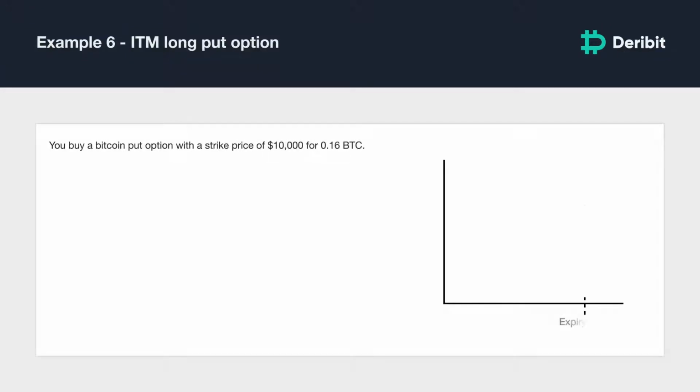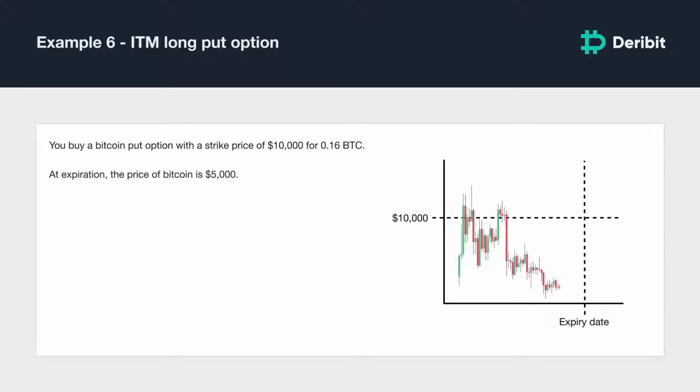You buy a Bitcoin put option with a strike price of $10,000 and you pay a price of 0.16 BTC. You hold this option until it expires. At expiration, the Bitcoin price is $5,000. The value of this put option can be calculated as $10,000 minus $5,000, or $5,000 remaining.